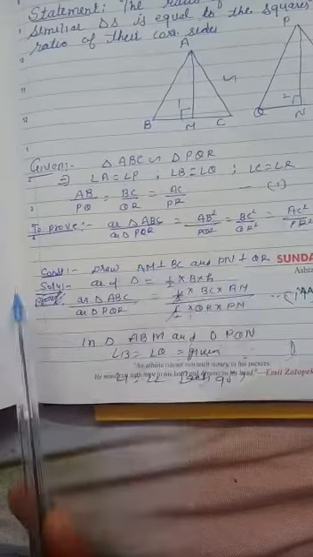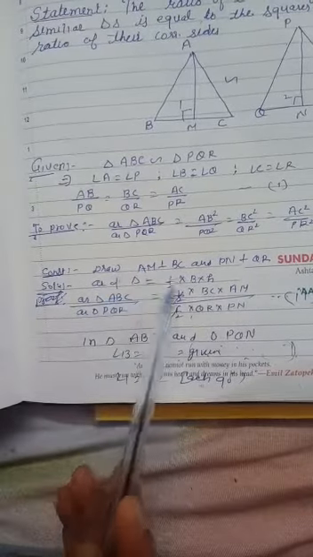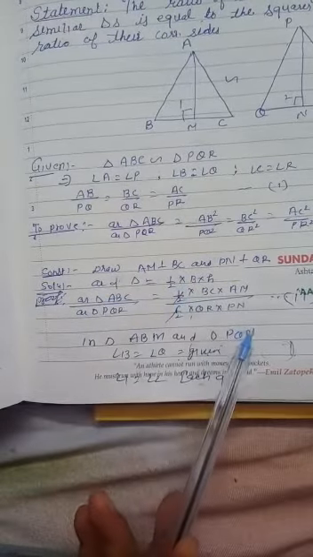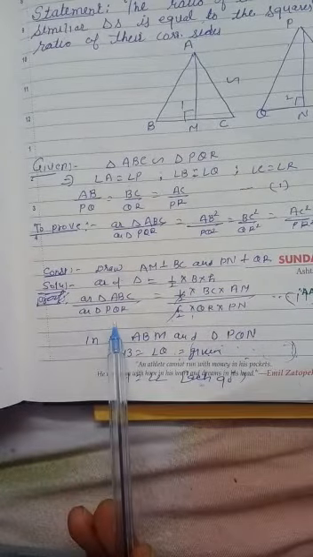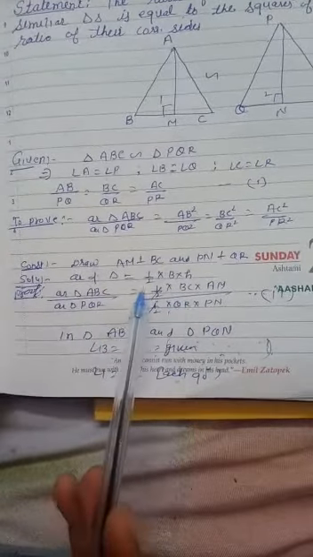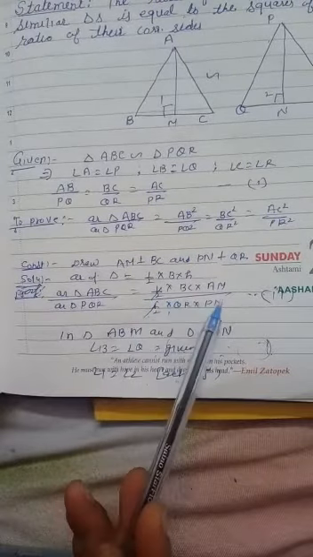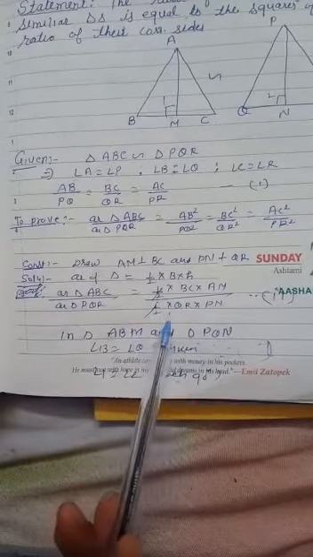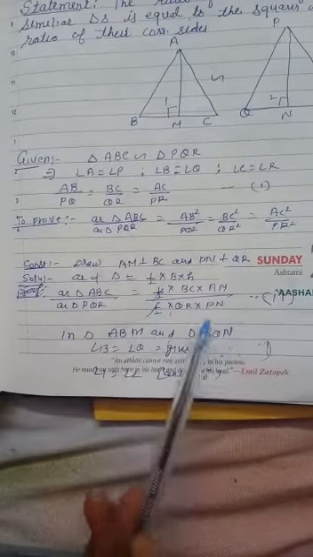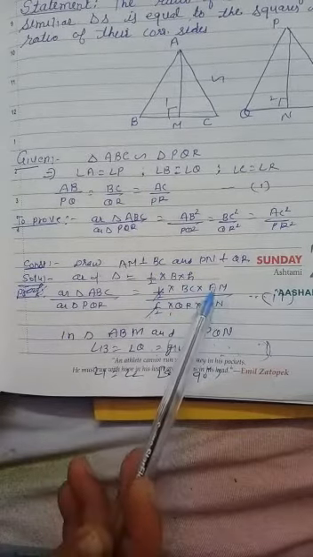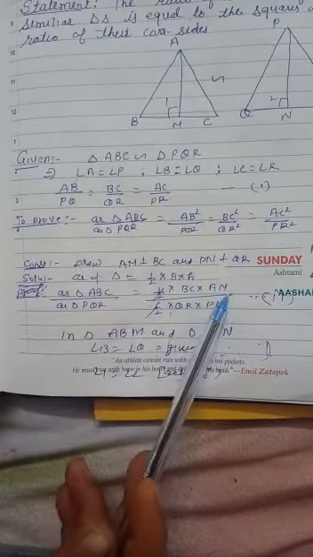Perpendicular drawn. Okay, now we know area of triangle is given by half into base into height. So area of triangle ABC divided by area of triangle PQR is equal to 1 by 2 into BC into AM upon 1 by 2 into QR into PN. Okay, 1 by 2 cancel. Now we are left with these two. So we have to remove AM upon PN.